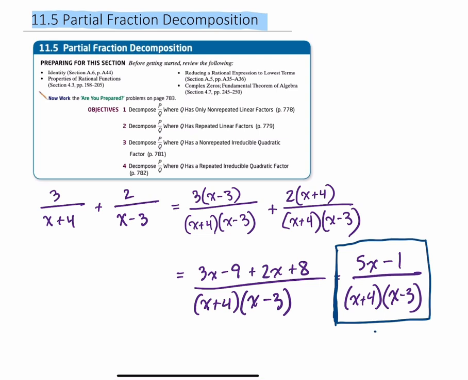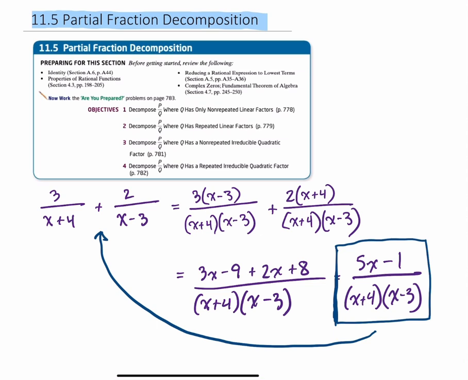And we're going to end up splitting this up into two separate fractions where these previously multiplied factors in the denominator now show up as separate denominators for each fraction. So we are decomposing it into multiple fractions, where we then have some numbers on top that we'll need to find out how to produce. So that's what we'll be doing in this section.